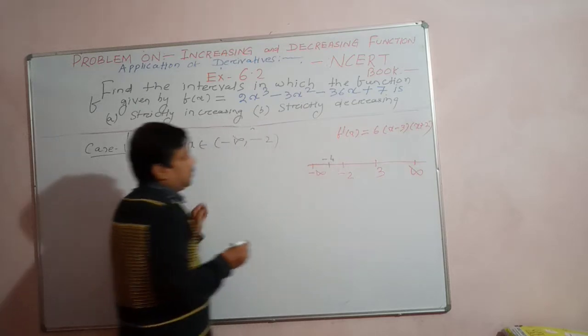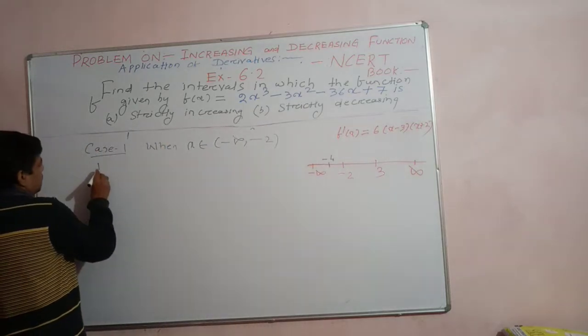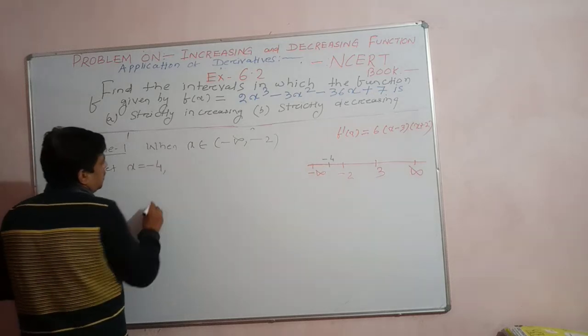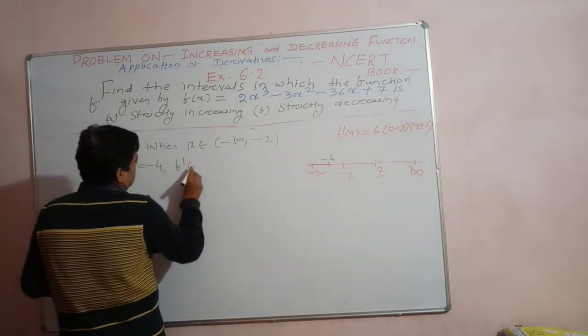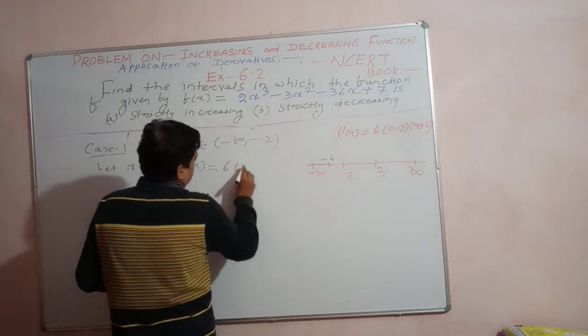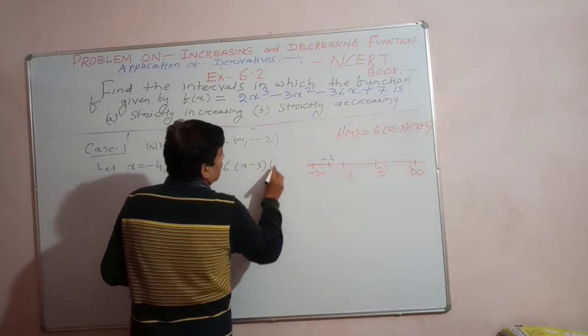Suppose I will take minus 4. Let x is equal to minus 4. If x is equal to minus 4, you can put the value in f dash x. You see, it will be 6 into x minus 3 and x plus 2.